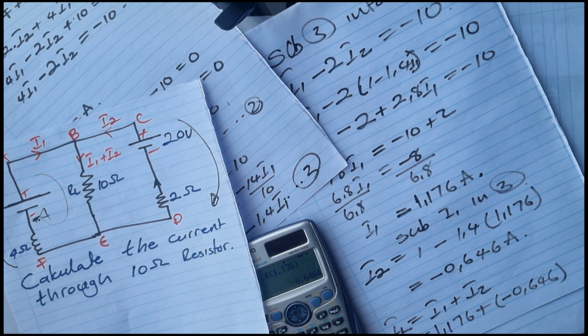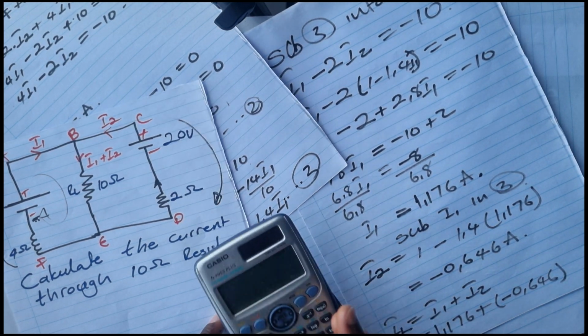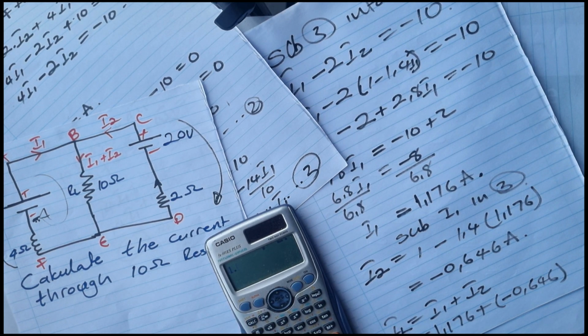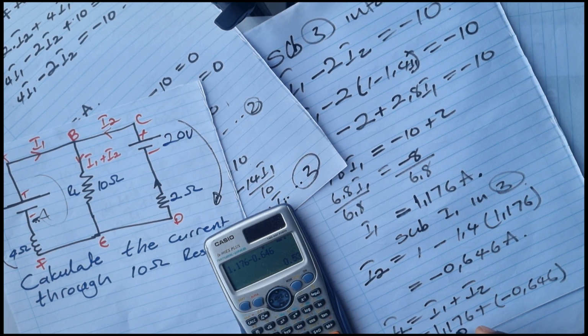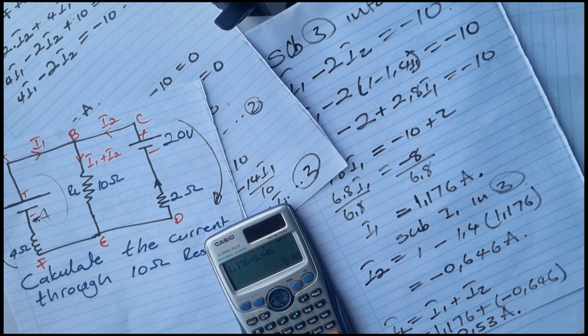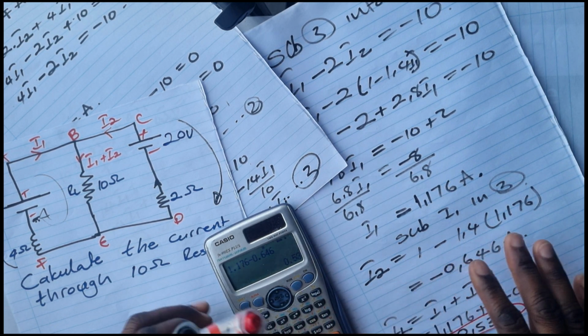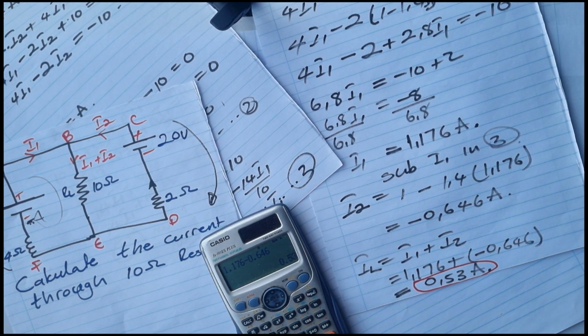Let me calculate. 1.176 minus 0.646 gives us 0.53 amps. So this concludes our problem to solve using Kirchhoff's law.